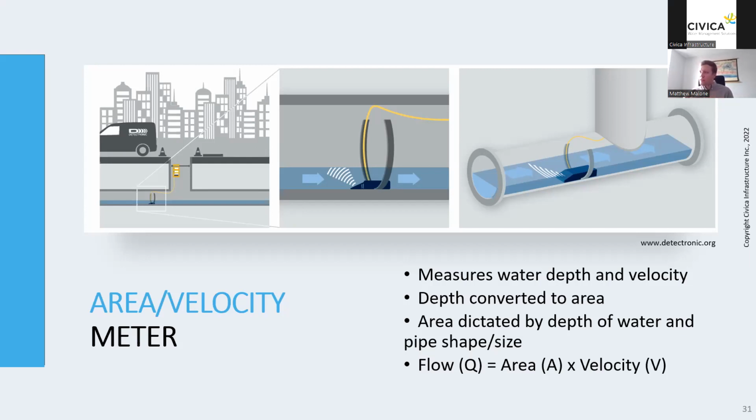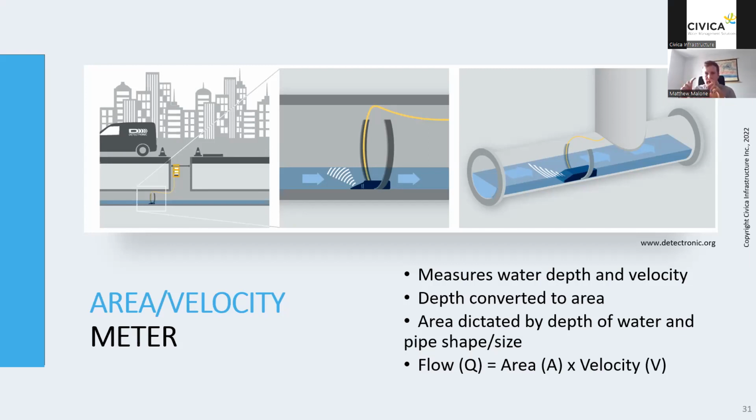So you can convert the depth, using a pressure sensor for example, to an area. Ideally you go down and take measurements of the pipes, the shape and the size, and we can convert that to a cross-sectional area of flow, and multiply that by the velocity of the flow coming through to get the overall flow.